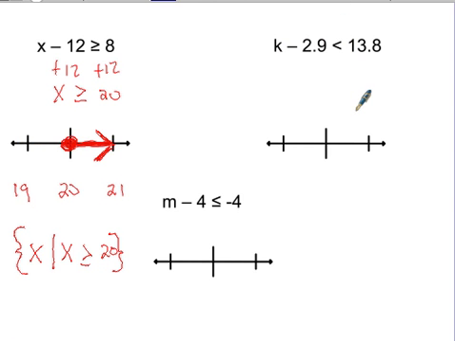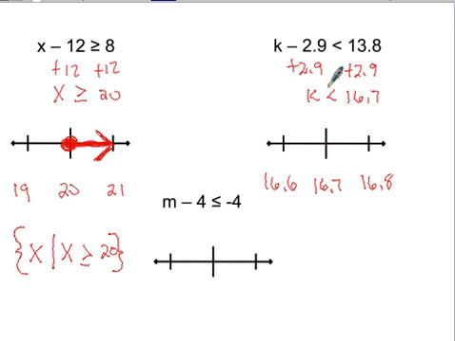Okay, so this next one, k minus 2.9 is less than 13.8. So add 2.9. K is less than 16.7. Okay, so I always want the center number to be the number that we're graphing, 16.7, and that would make this one 16.8, and this one 16.6, right?